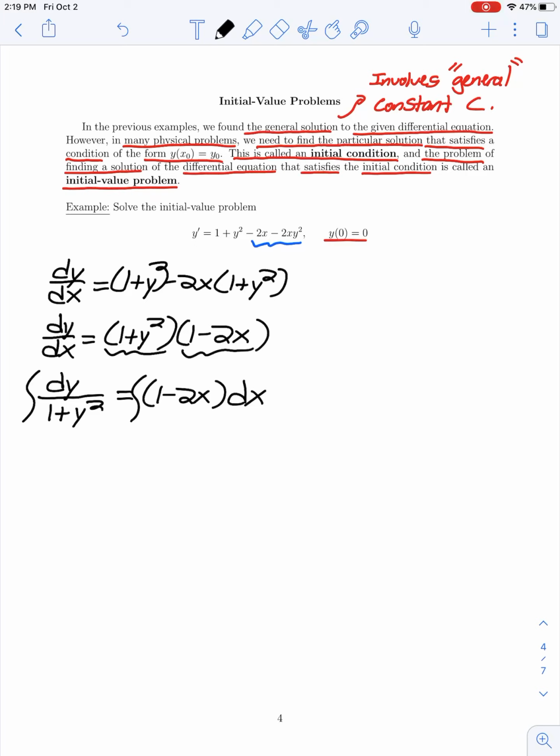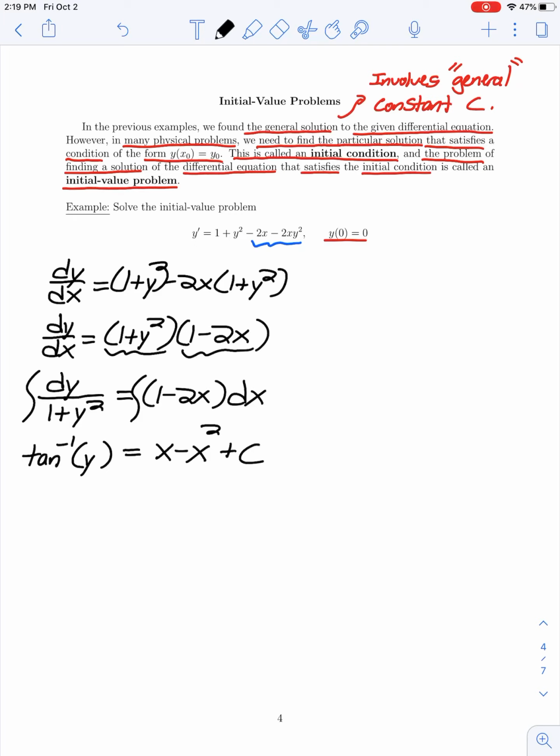And my antiderivative on the left-hand side would be arctangent of y. And the antiderivative on the right-hand side would be x minus x squared. And then if I group all of my constants of integration on one side of the equation, say the right-hand side, I would have plus c.